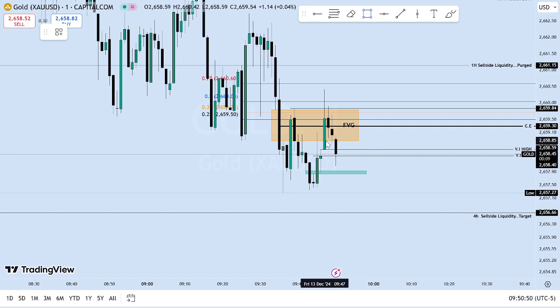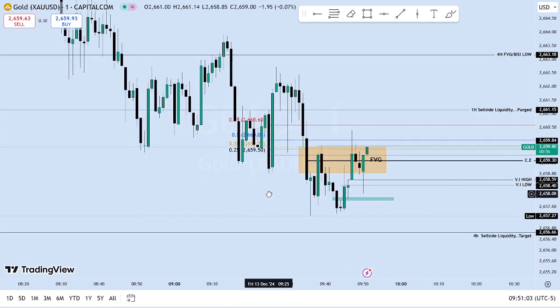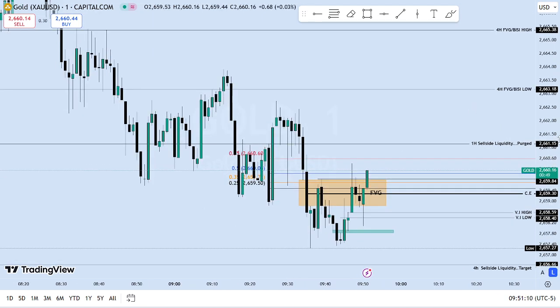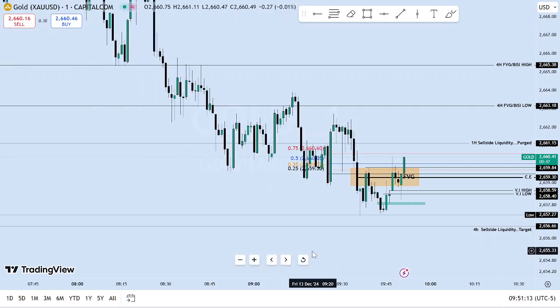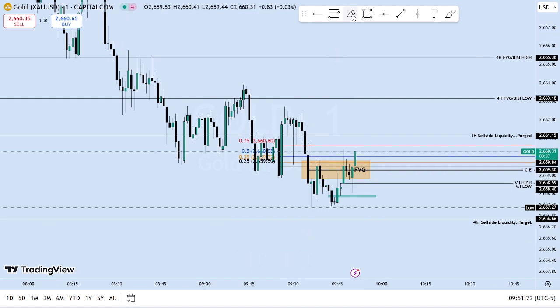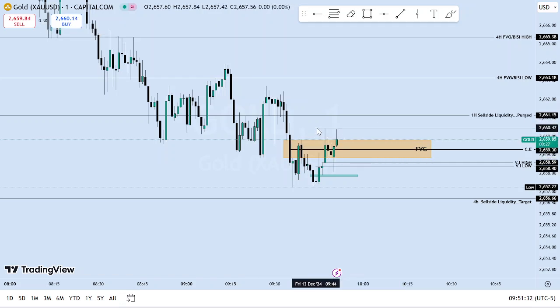Low, high, and low. We have a volume imbalance here too. We have a high resting above here.